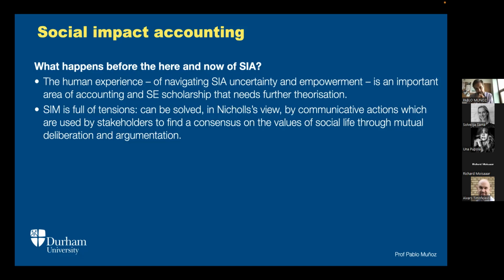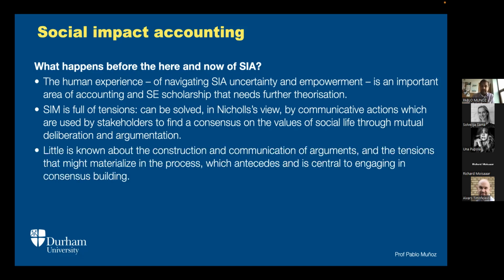So we say, well, if communicative action is about finding consensus, trying to balance the values of social life and link that to how you represent those values, and if that's done through negotiation, deliberation and argumentation, well, perhaps that's where the key is. The key is in how those arguments are being constructed. It's the argumentation process that people put forward, and that's essentially the core of communication.